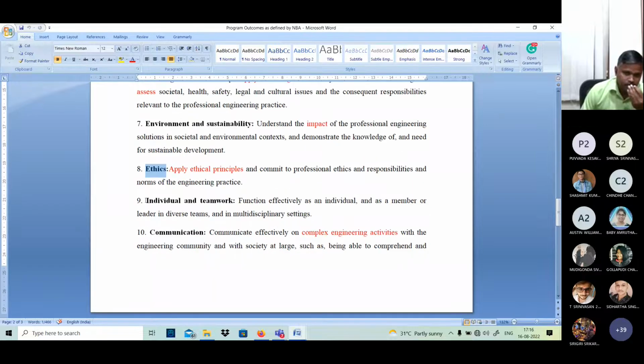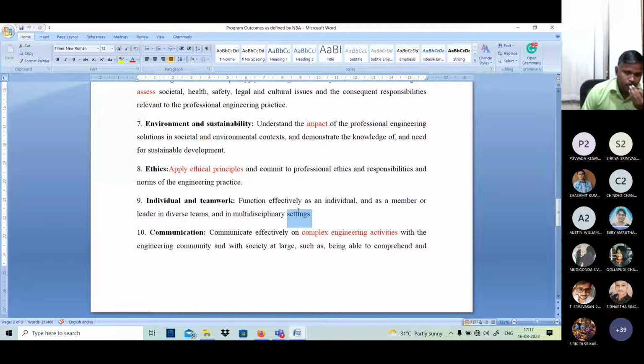Okay, then ninth one, individual and teamwork. Here, to design the solution, to identify the solution, to analyze the problem, you can work individually or by forming a team. So this PO you will attain when you are doing the projects.